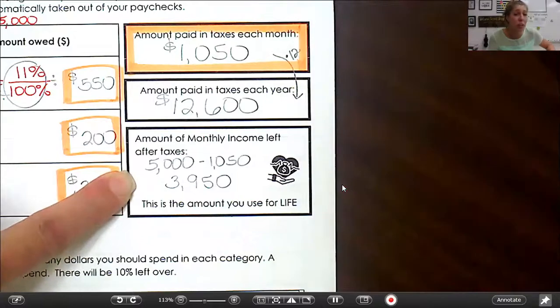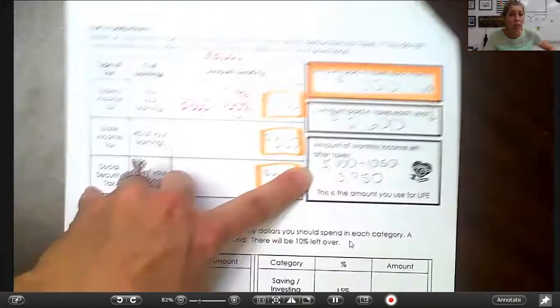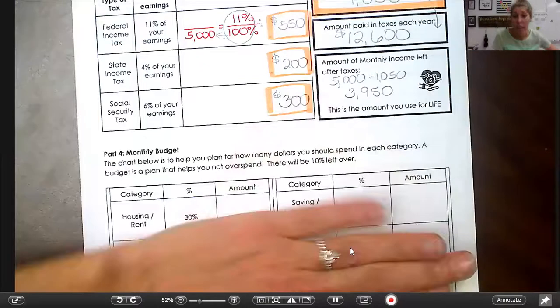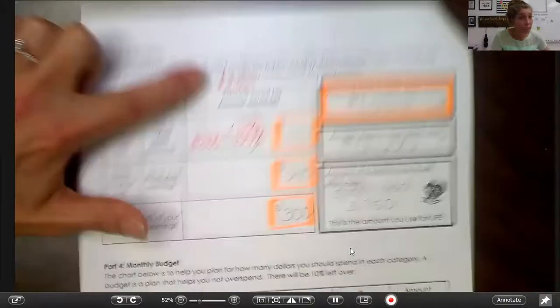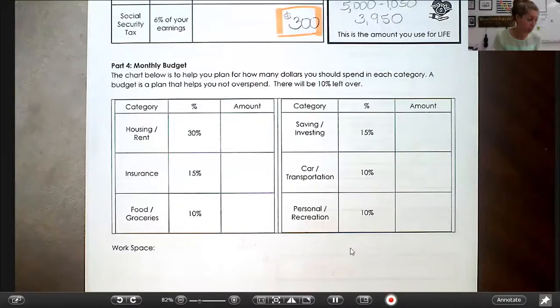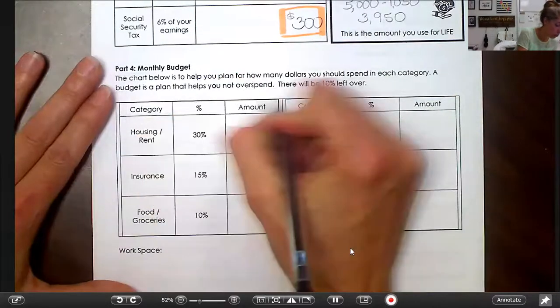This is what you're going to use for the budgeting section down here. You no longer are looking at, for me, the 5,000 number, it's irrelevant now. It's 3,950 that I'm using for part 4.